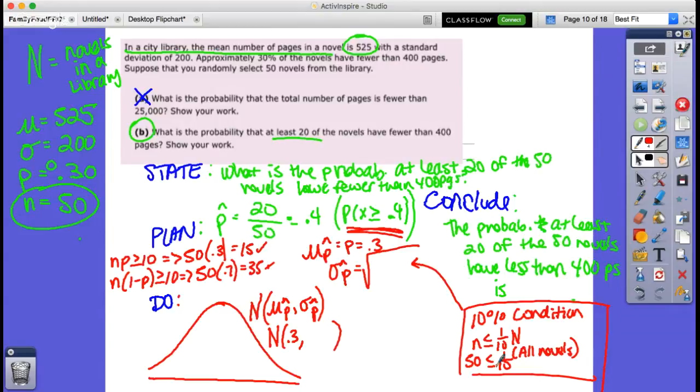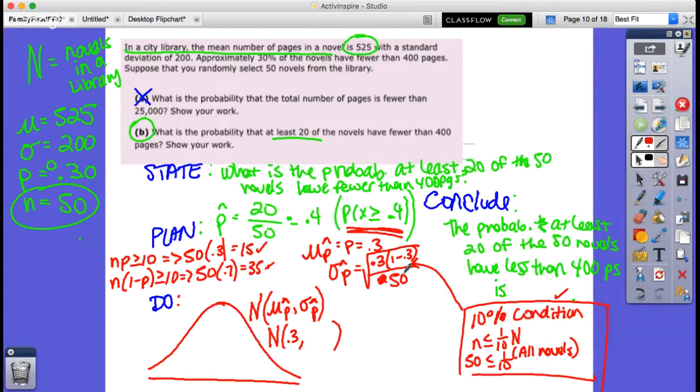It's probably going to be more than 500 novels in a library, that's an assumption, but we're going to assume that there. So since this 10% condition is in effect, we can use our formula, which is the square root of p times 1 minus p, so 0.3 times 1 minus 0.3, all over n, little n, my fault, all over 50.